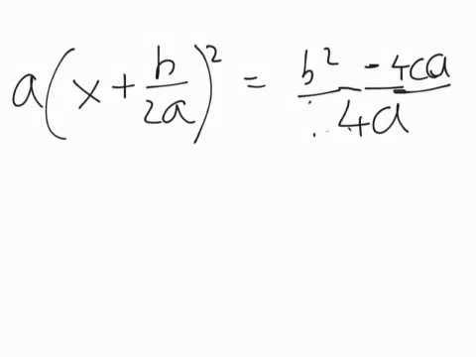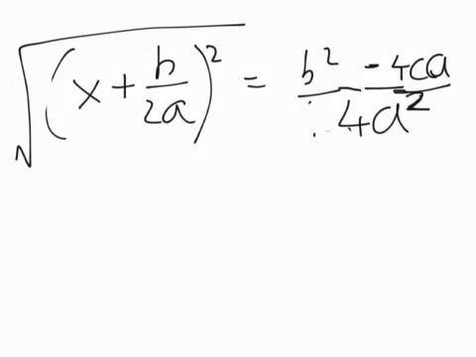Okay, now let's divide this a out of the left hand side and bring it to the right hand side. So divide both sides by a. That is lost, and on the right hand side we end up with a squared on the denominator. Then what we're going to do is square root both sides.